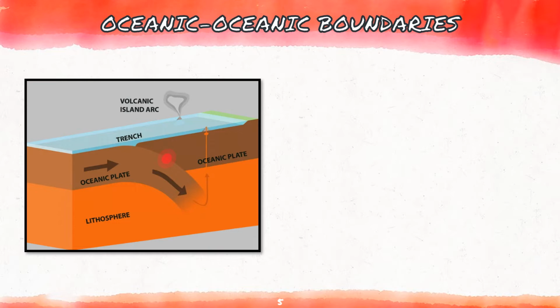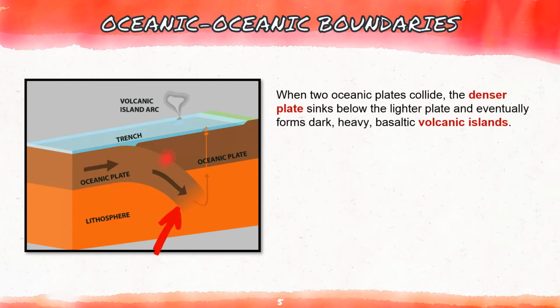Let us start first with oceanic to oceanic boundaries. When two oceanic plates collide, the denser plate sinks below the lighter plate and eventually forms dark, heavy, basaltic volcanic islands. As you can see in the illustration, one of the plates submerged under the other.